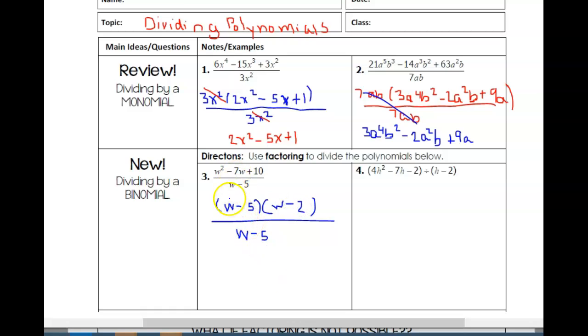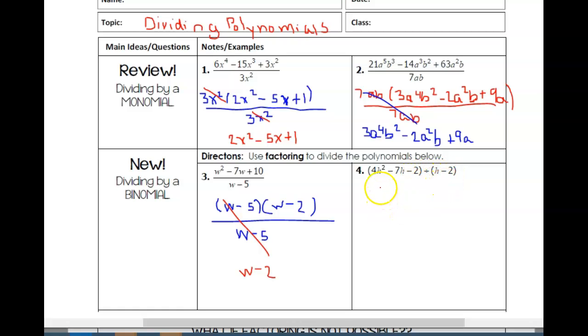Okay, if I look at this, the w minus 5s will cancel from top to bottom. And so I'm left with only the polynomial w minus 2. Okay, dividing polynomials. Let's look at the next one. I take 4h squared minus 7h minus 2 divided by h minus 2.